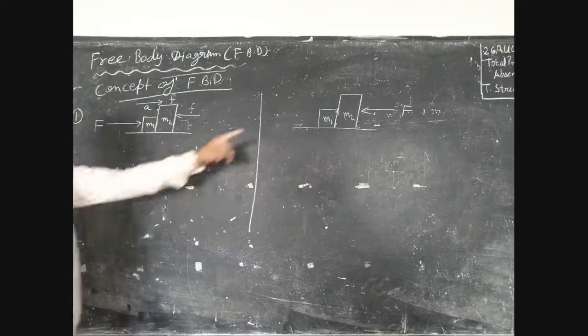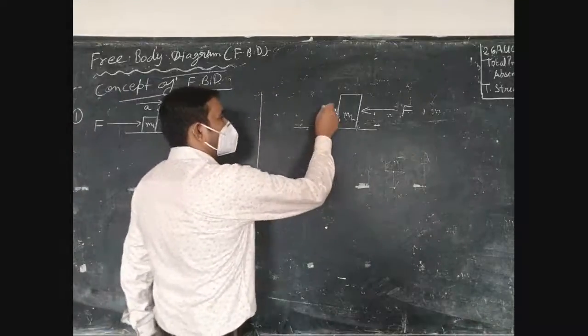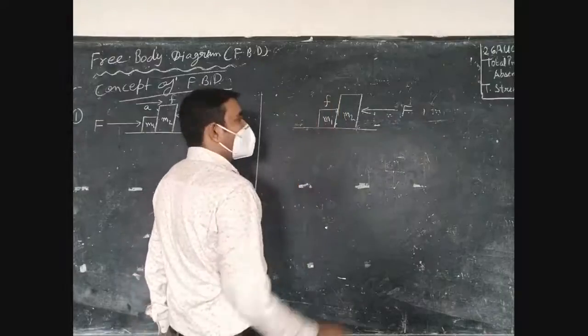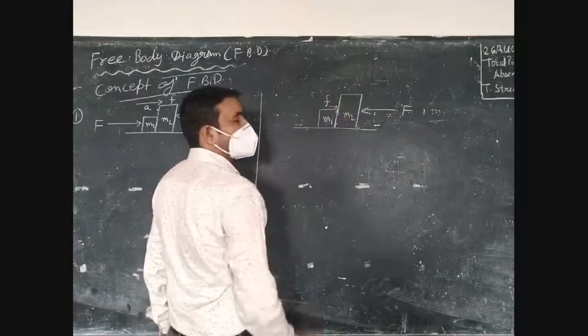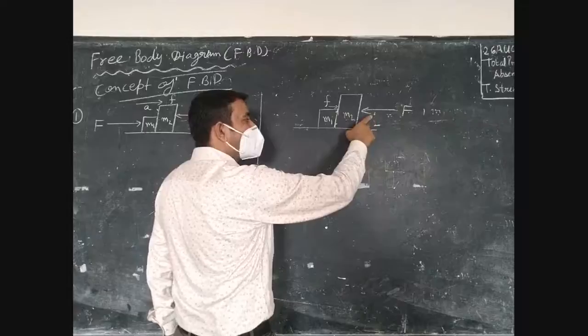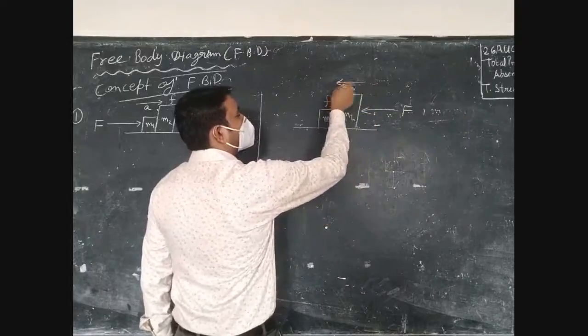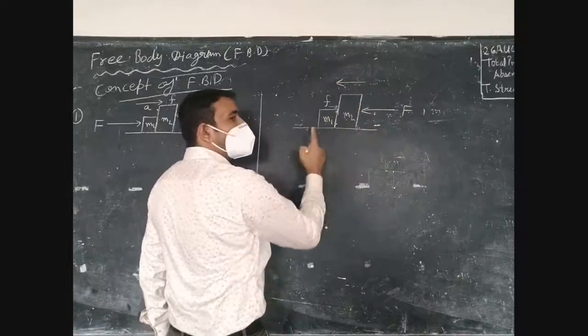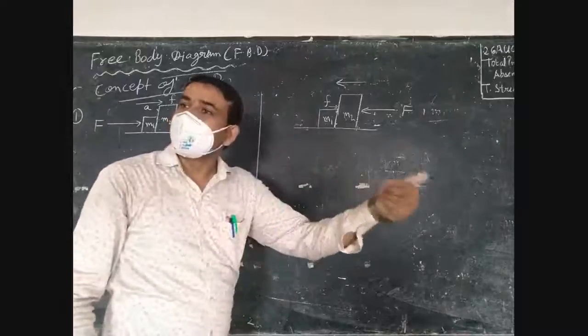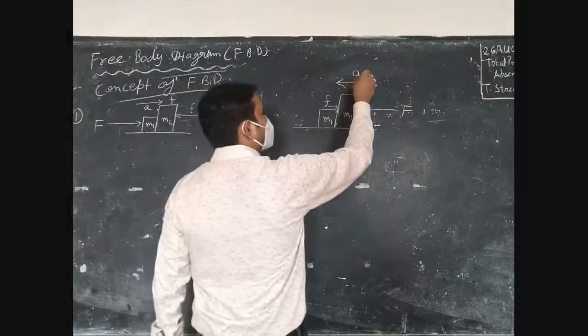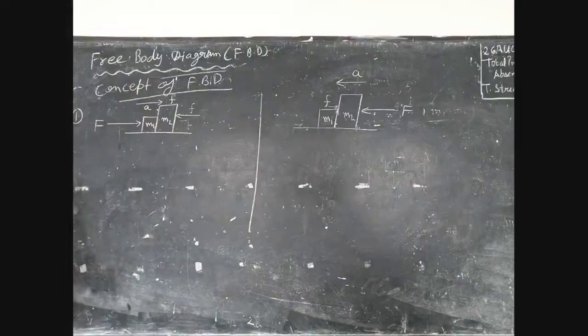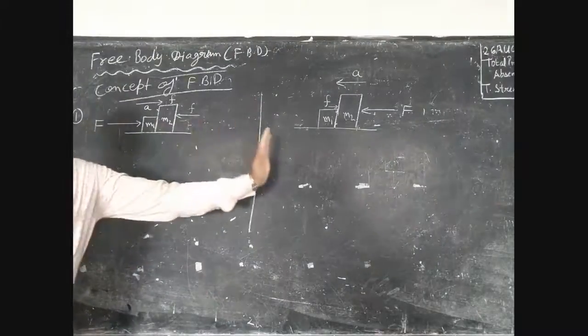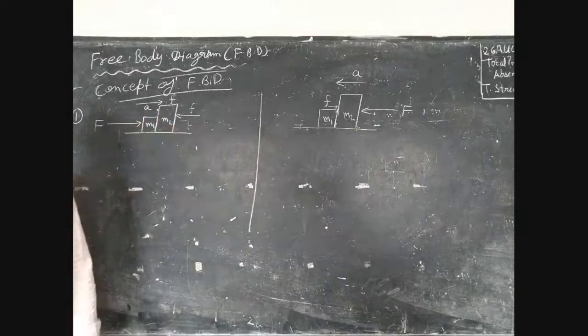And in this situation, this small object applies a force F which opposes the force, and after some time both objects move together with an acceleration. This is the situation. Always remember, the force applied moves the body in the direction of the application. Okay?